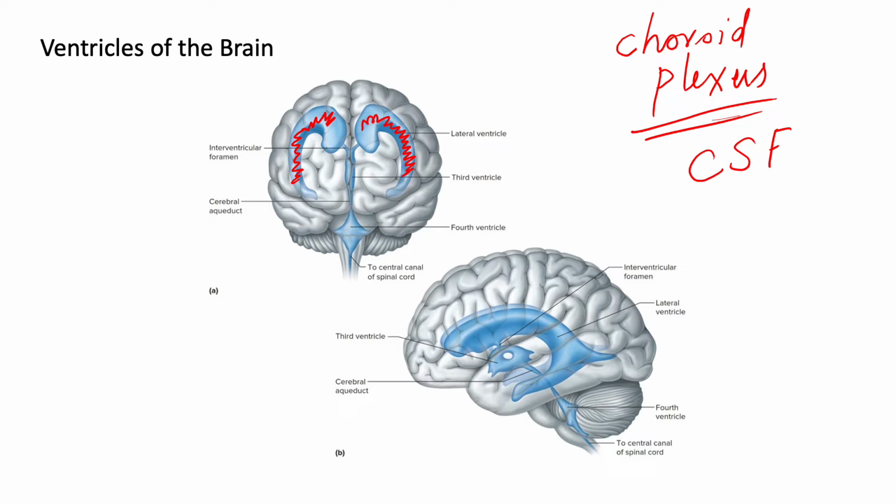From the two ventricles, cerebrospinal fluid enters the third ventricle. This area represents the third ventricle, through the interventricular foramen. From the third ventricle, fluid enters the fourth ventricle through the cerebral aqueduct. And from the fourth ventricle, cerebrospinal fluid enters the spinal cord through the central canal. Also, the fourth ventricle is associated with the subarachnoid space of the meninges.